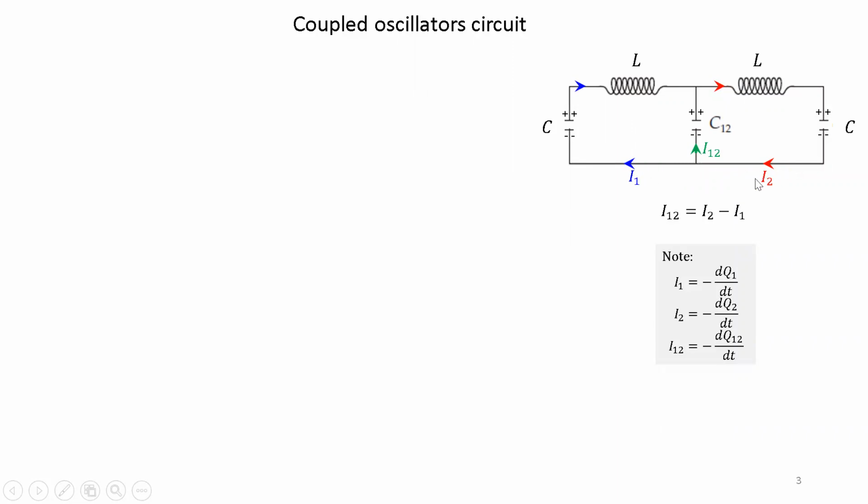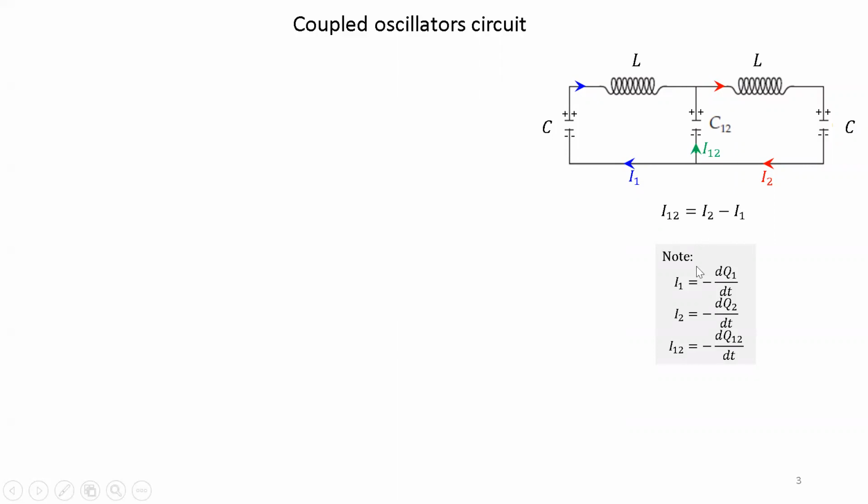But you know that I1 may not be equal to I2 because I have an additional path over here. What we can say at least is that I2 would be equal to I1 plus I12, and that's why I12 would be equal to I2 minus I1.